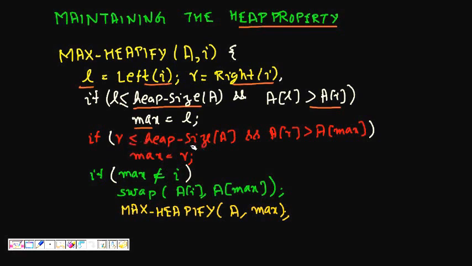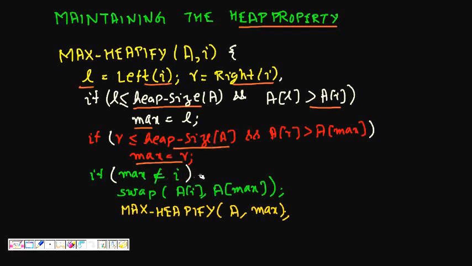If R is less than or equal to heap size, so it is in the heap, and A[R] is greater than A[max], meaning the right child is greater than both the left child and the parent, then max becomes R. Now we have max, the index of the node with the highest value.